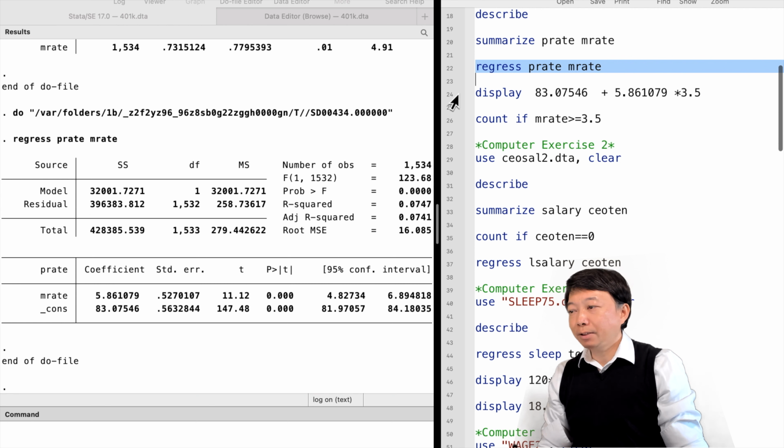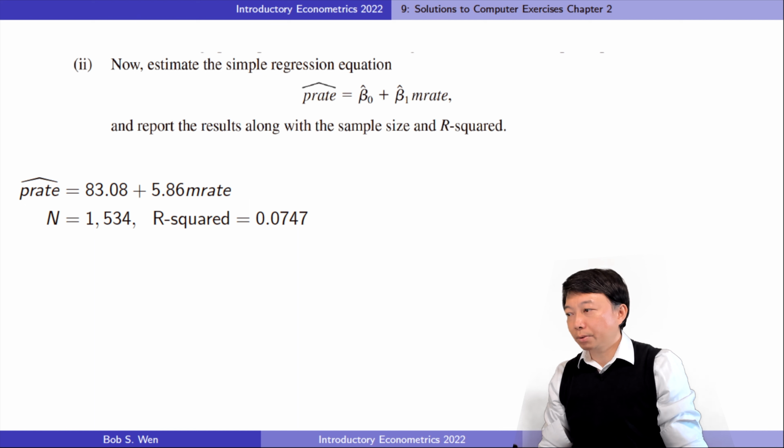We can write the estimated equation as P rate hat equals 83.08 plus 5.86 times M rate. The sample size is 1,334. The R squared is 0.075.